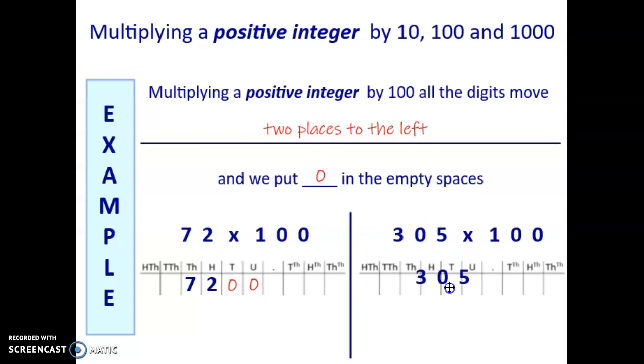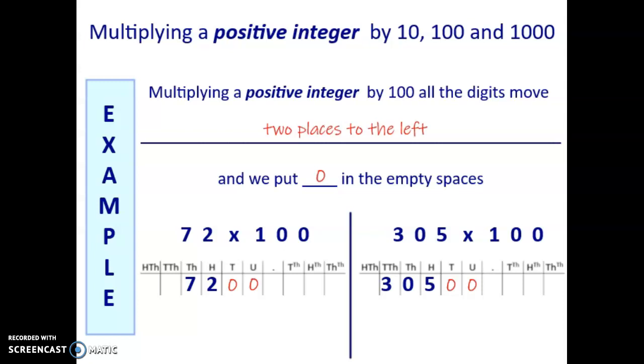I'm going to put my 305 under the correct column headings and then move everything 2 places. 1, 2. And then finally, to finish the question, I'm going to put my placeholders of zeros in the empty spaces. So 305 times 100 is 30,500. That's a difficult number to say.